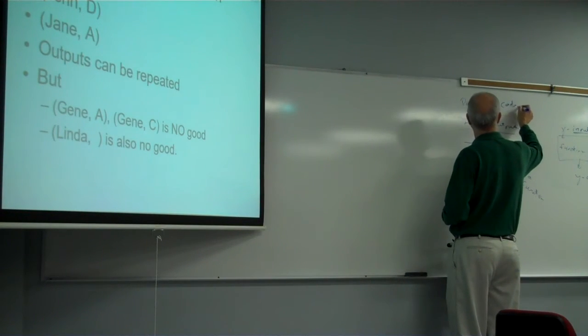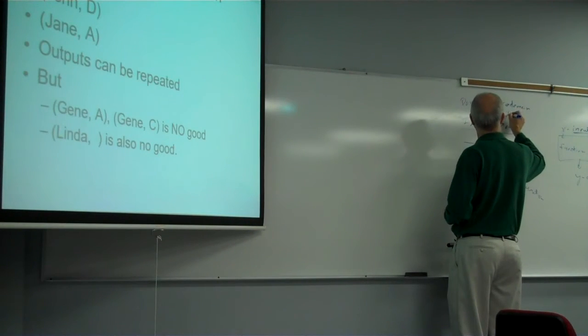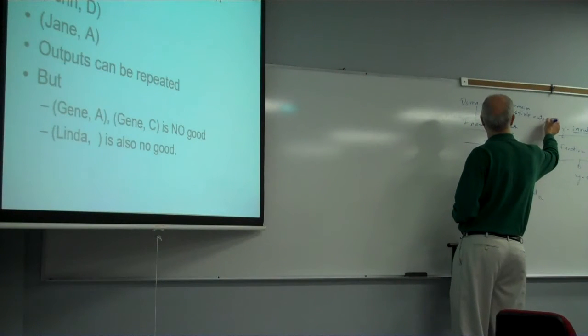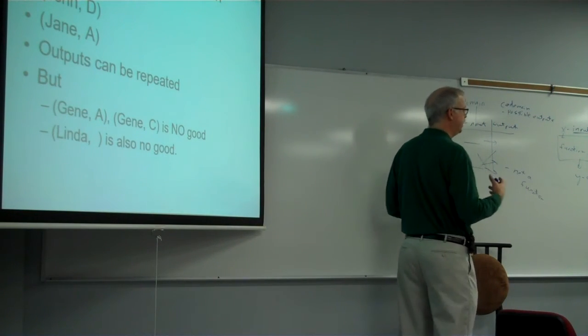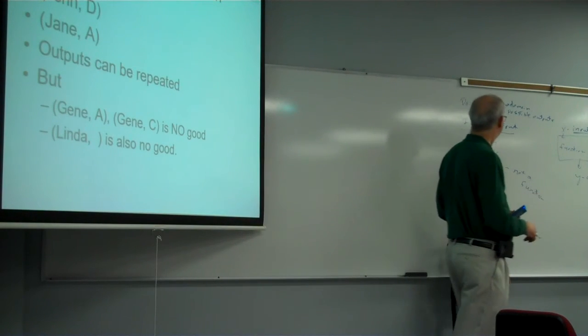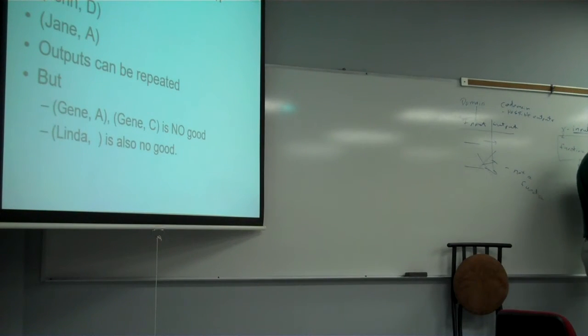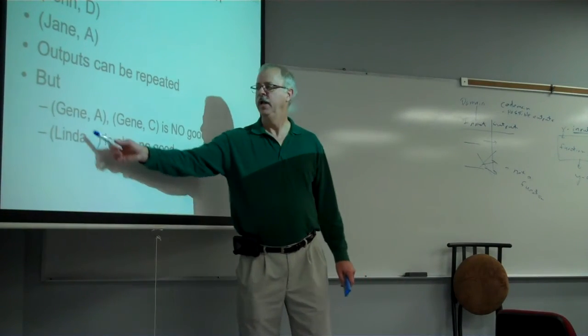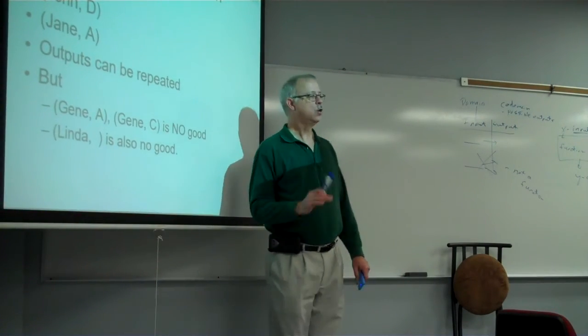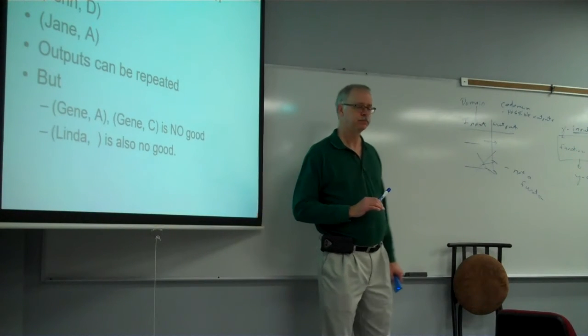The codomain is the set of possible outputs. The range is the outputs I actually get. So there are some places where we would change the domain and restrict it a little bit so that we can talk about a function. But every input has to go somewhere, and every input can only go to one other place as we pair it up.